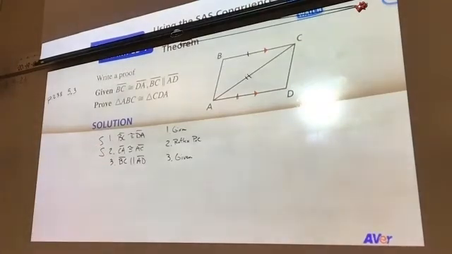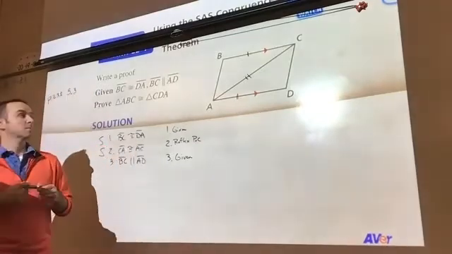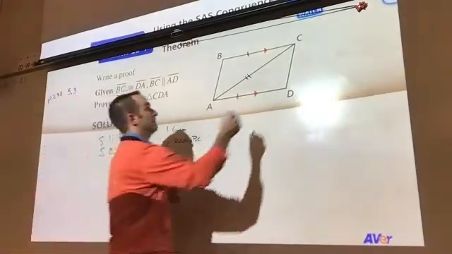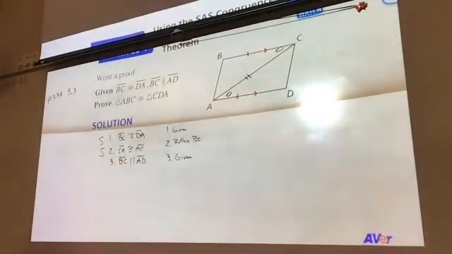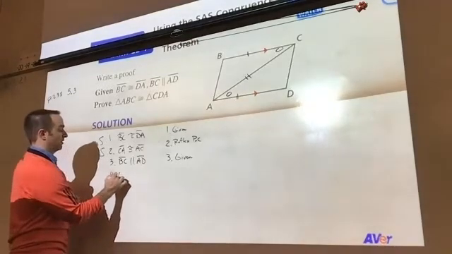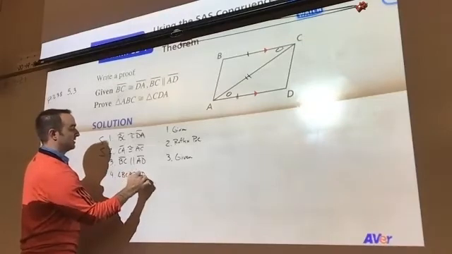Okay. So what angles are we talking about? Which angles are going to be those included angles here? Ethan? BCA and DAC. Those are going to be my included angles. So we need to be able to say that BCA is congruent to DAC.